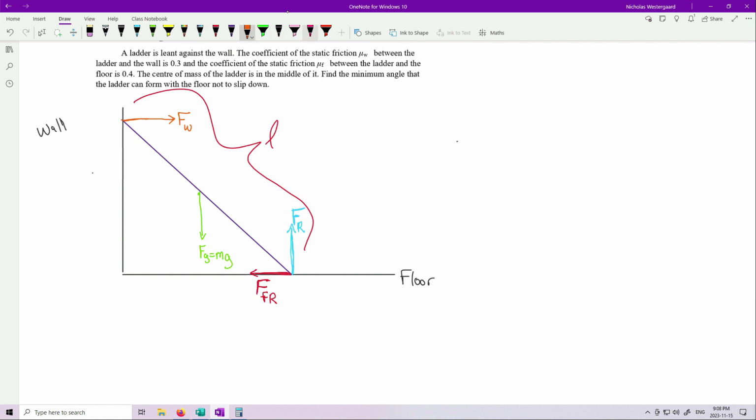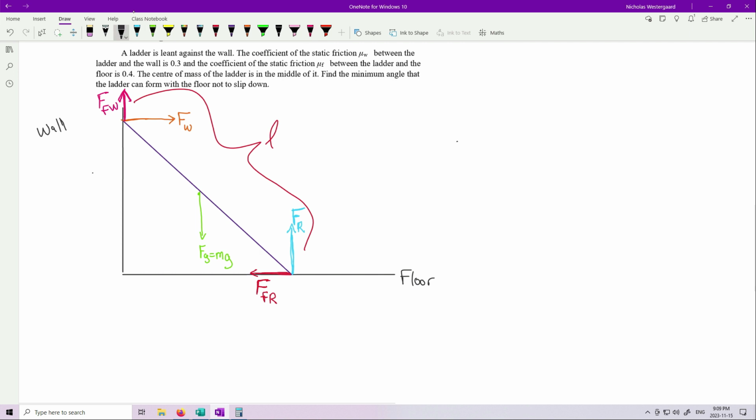What's a color I haven't used? Pink. So force friction wall. Are there any other forces? Nobody's climbing it, so we're actually okay.